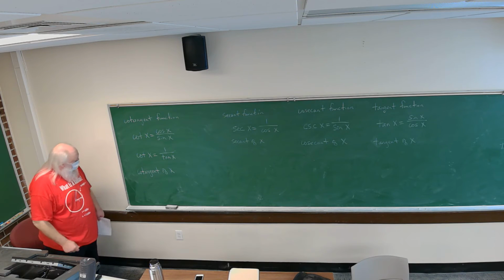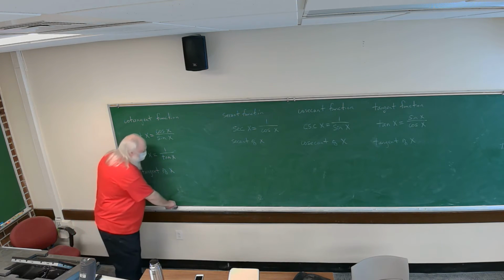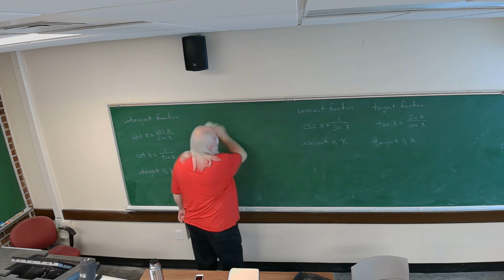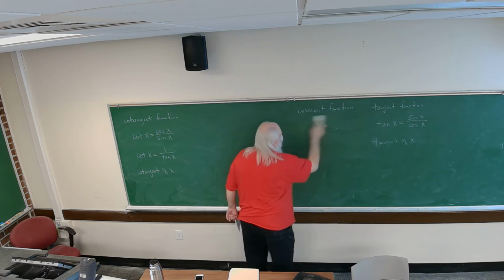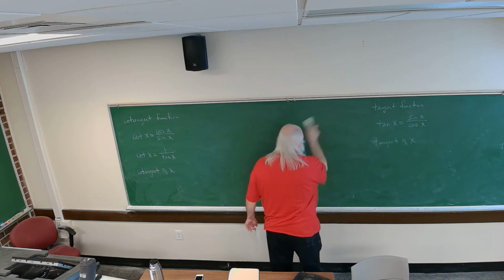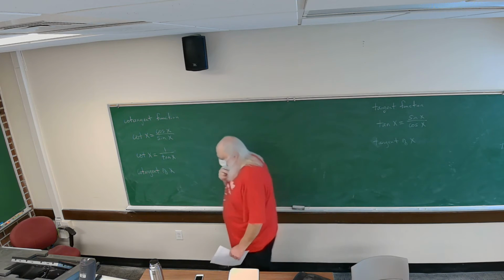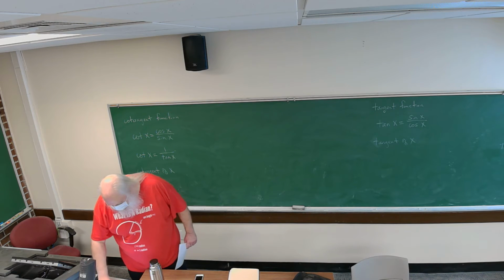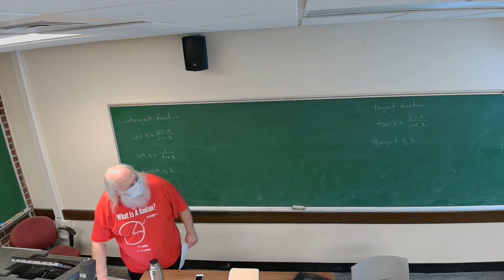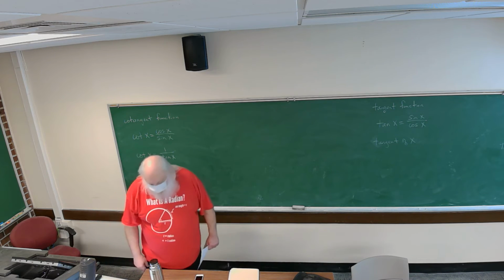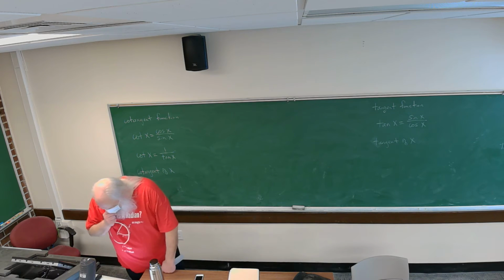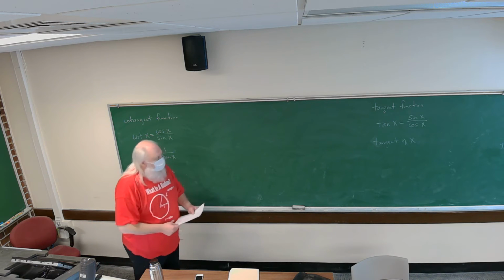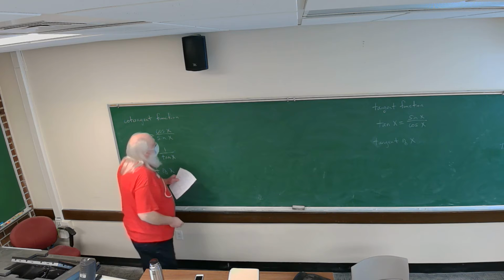Okay. All right. So if you had trigonometry in high school, you probably heard the names of those functions before. So in example 1, we have to evaluate the tangent function, cotangent function, secant function, and cosecant function at different angles.